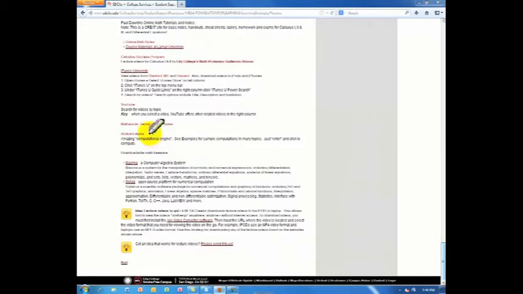Other online resources include Wolfram Alpha for calculations and graphs in math, engineering, and science, math freeware like Maxima and Scilab, and software for downloading lecture videos.